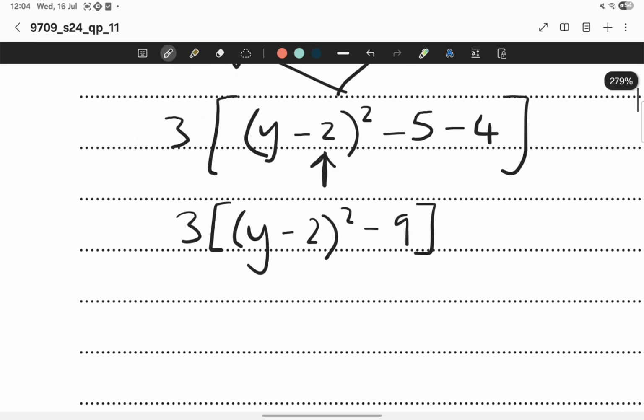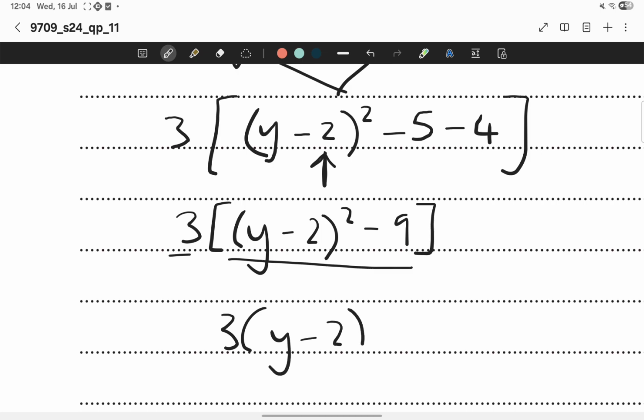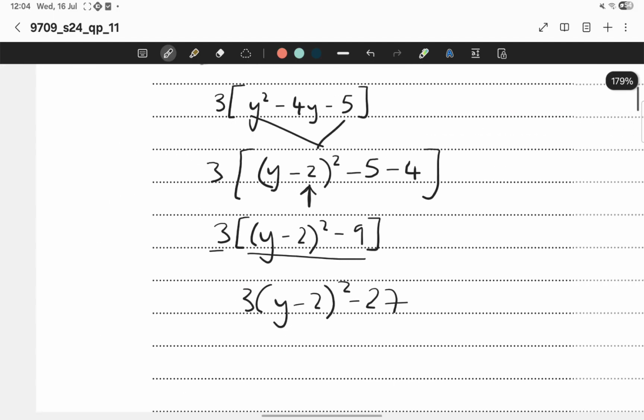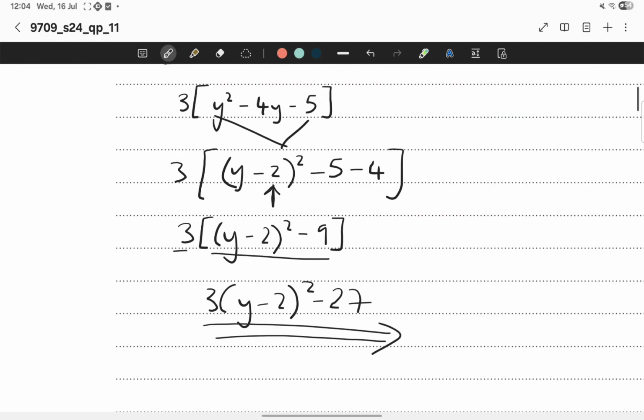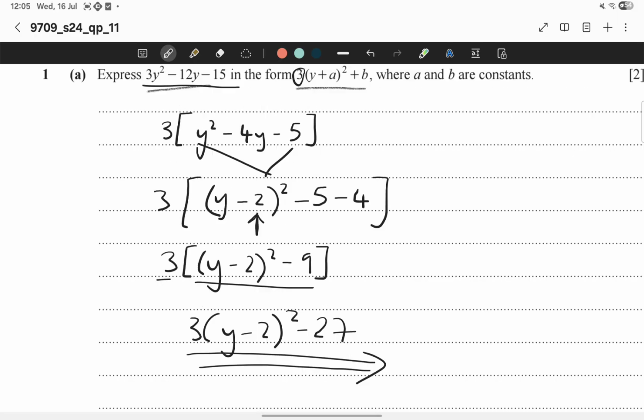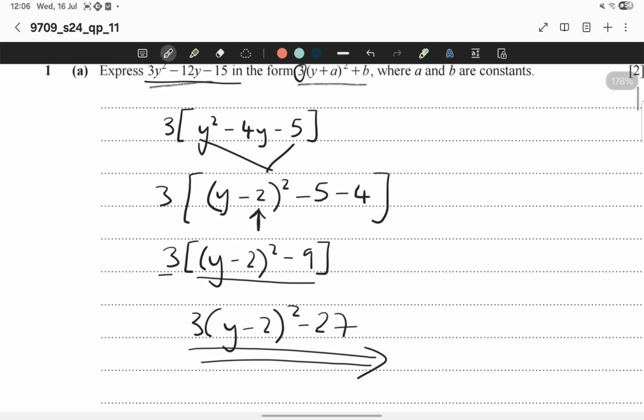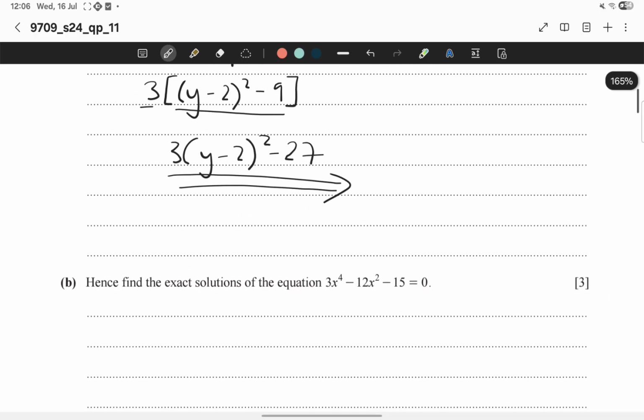Then we're going to multiply everything inside the square brackets by 3, right? That will give us 3 times y minus 2 squared minus 27, right? And that will be our answer for part A, right? Let's move on to part B.